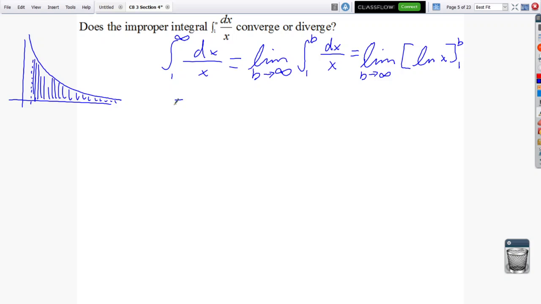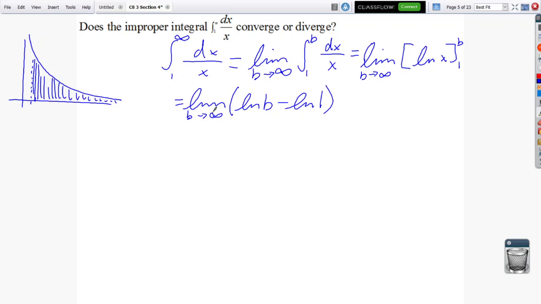So we go down here and we just plug in. We've got the limit as b approaches infinity of ln. We have to evaluate at the upper and subtract evaluating at the lower. Ln of b minus ln of 1. Well, I happen to know that ln of 1 is 0. All I'm dealing with here is what is ln of infinity.